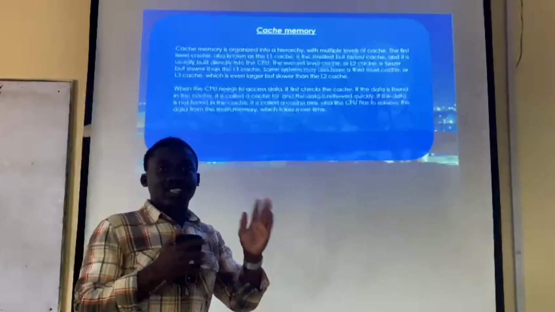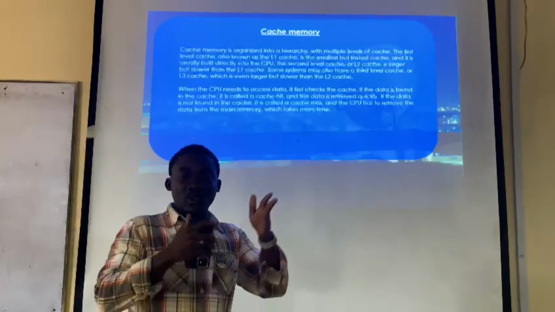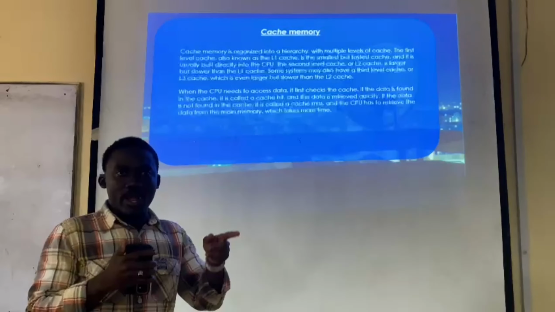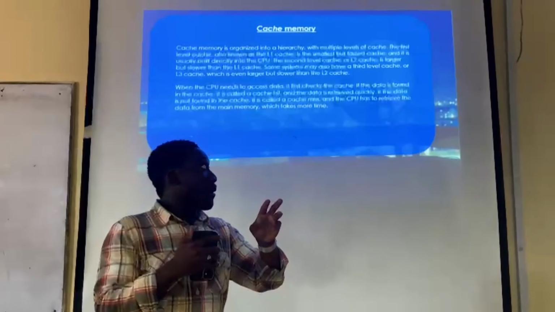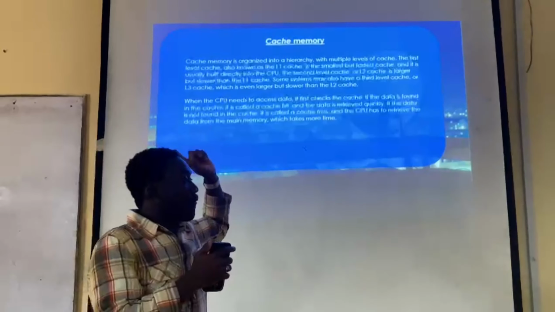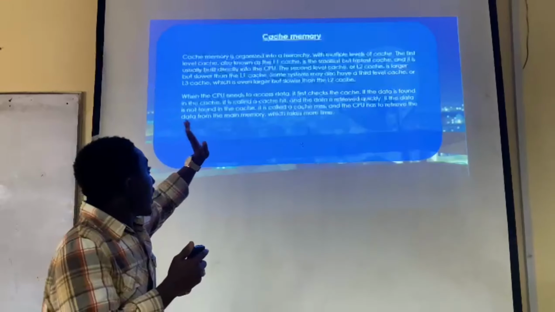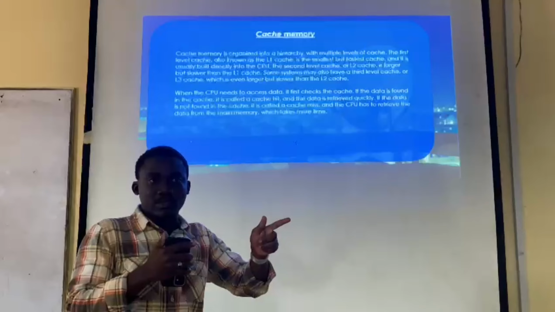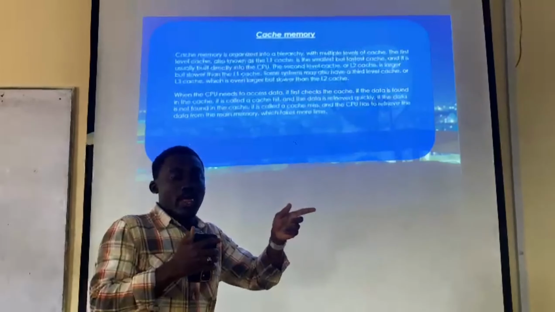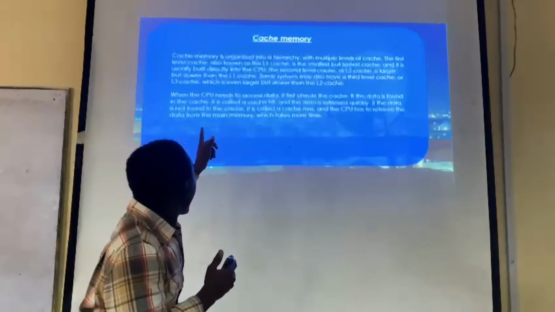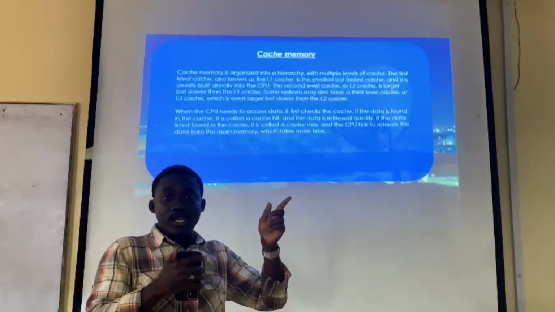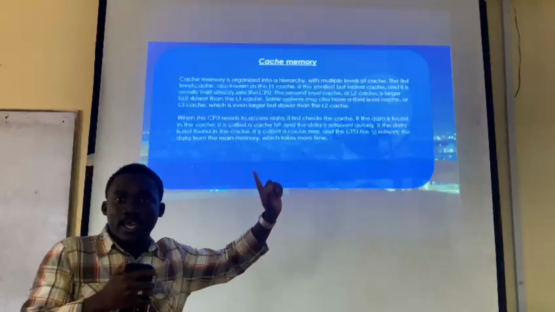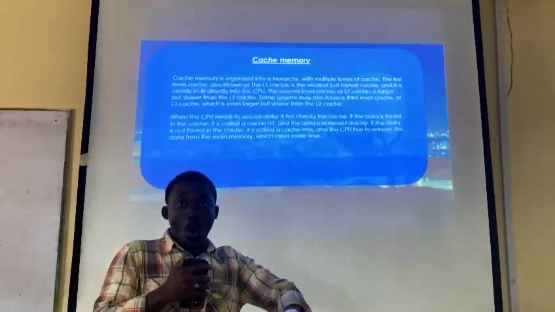The cache memory is organized in multiple levels, which we have as L1, L2, and L3. L1 is the first level of cache, which is the smallest but the fastest. The second level cache is known as L2, which is larger than L1 but slower.